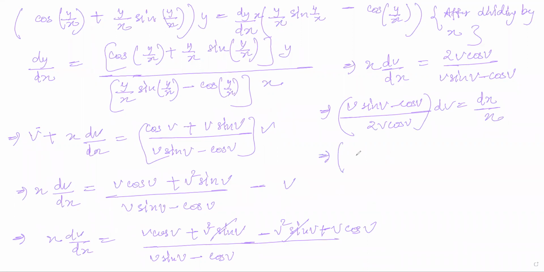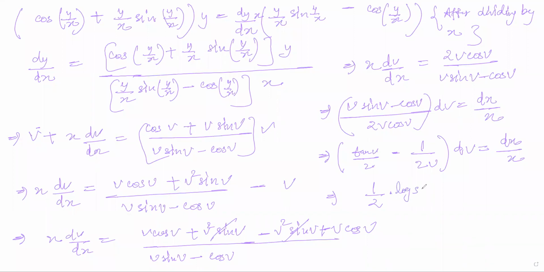So this is tan v by 2 minus 1 by 2v into dv is equals to dx by x. So this becomes 1 by 2. Differentiation of tan v is? Yes. What is the differentiation of tan v?